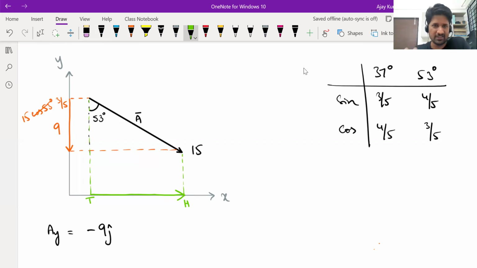It makes 37 with the x-axis and we want the x component only, no? Along whichever direction you want the component, you know the angle it makes with that direction, then you have to use the cos formula. 15 cos 37 degrees. Cos 37 degrees is 4 by 5. This becomes 12 units. And it clearly appears longer than the other one. So this will be 12.